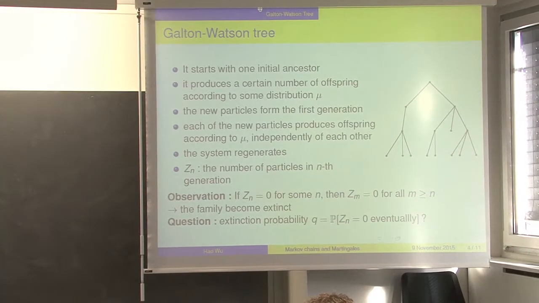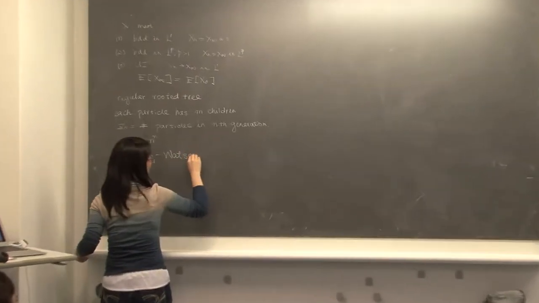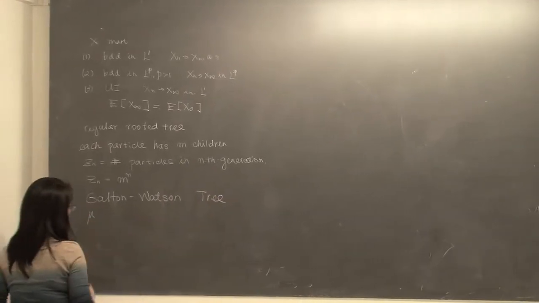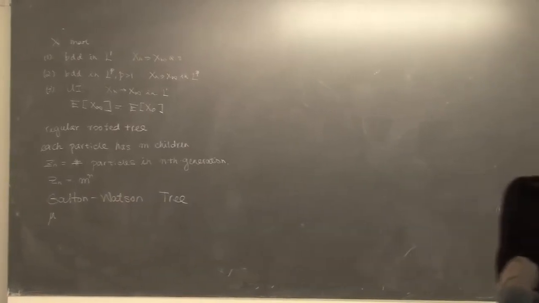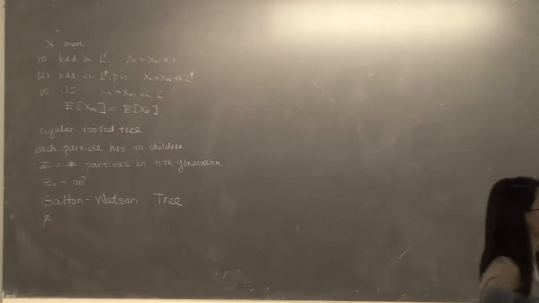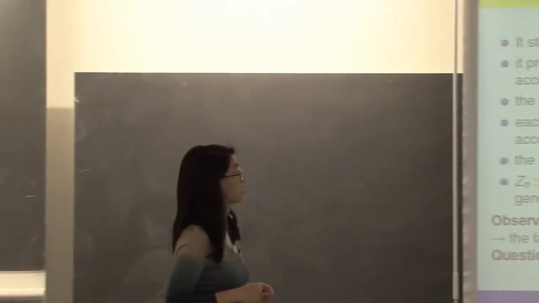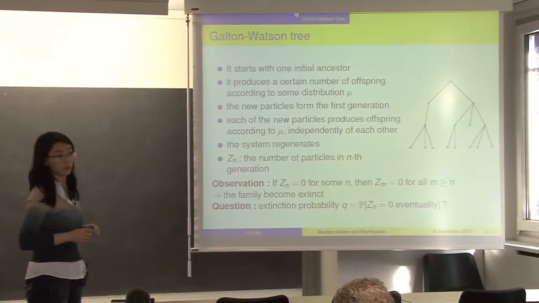So Galton-Watson tree. We first fix some random distribution mu. We have one initial ancestor. This ancestor has a random number of children, and the number is sampled according to this mu. Then the new particles form the first generation.